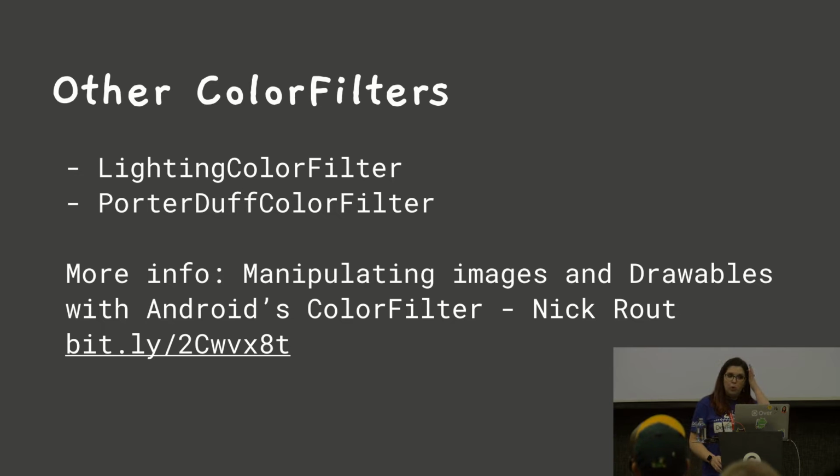And there's a whole bunch more color filters that you can use, like a lighting color filter and a Porter-Duff color filter. If you want to read more information about this, I'm not going to go through all of them, because there's a lot. There's a really great blog post by my colleague who's sitting in the audience, Nick, about manipulating images and drawables with Android's color filters. It'll go through all the different examples and how you can apply them.